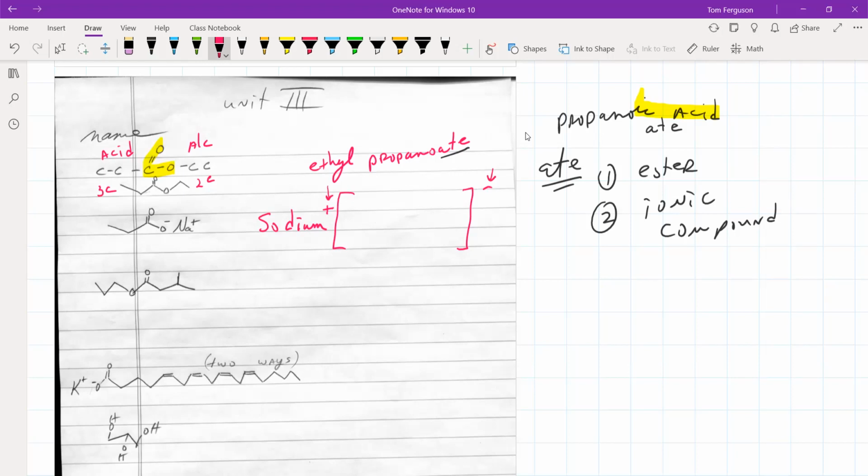Okay, so this is a 1, 2, 3, 3 carbon acid. Well, here we have the ATE again. This time it's used for an ionic compound.